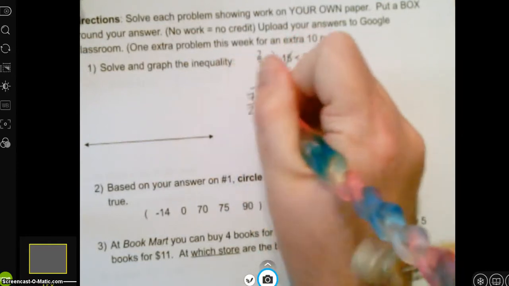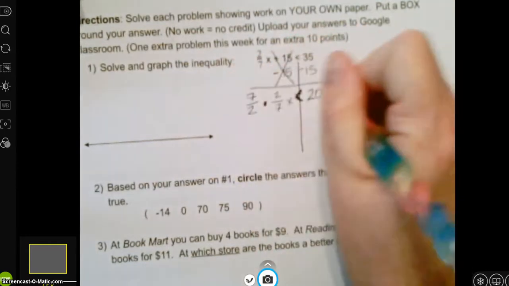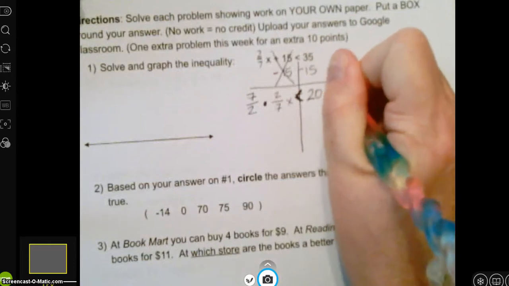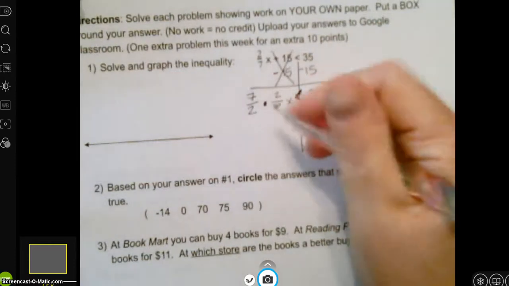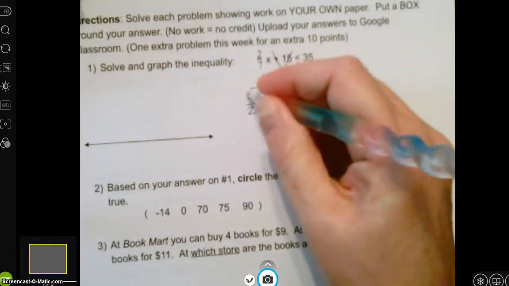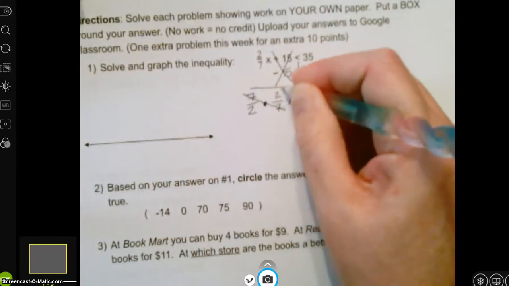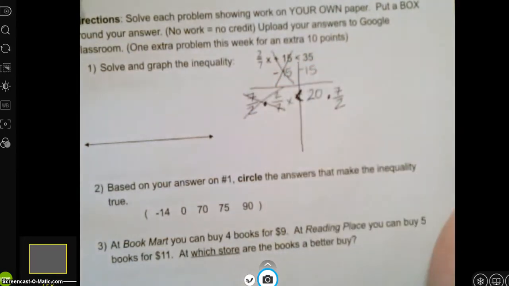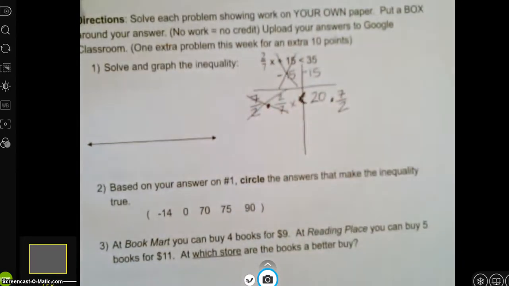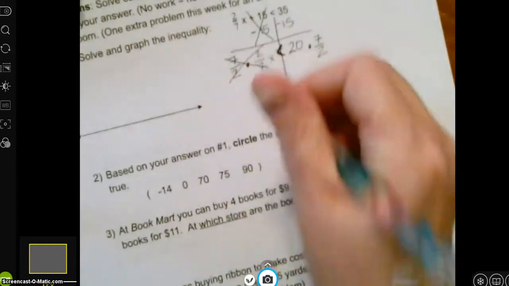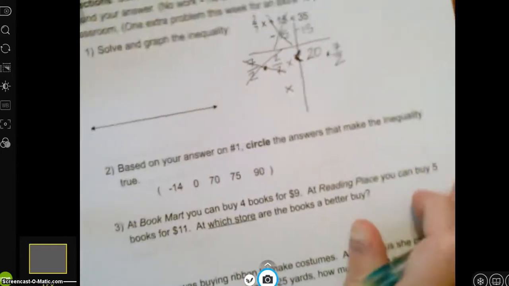We do this to force this to go away. I'm literally flipping it so that that will go away and this will go away. Like I said, a lot of you are there and then you just kind of mess up here at the end. We do not flip our symbol because we did not multiply or divide by a negative.